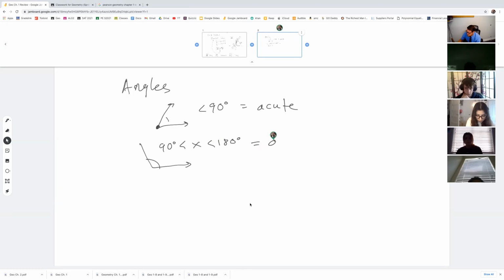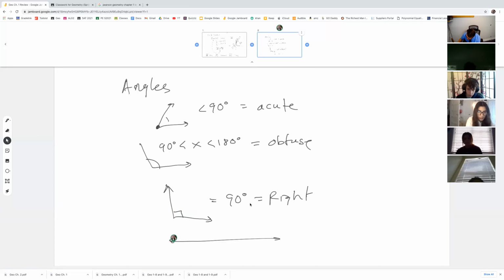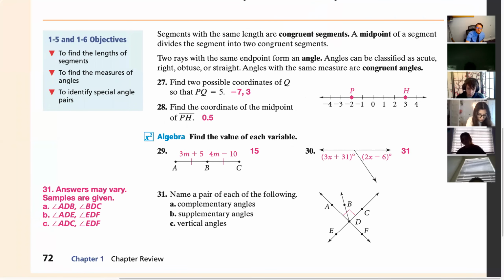This is called obtuse. When you see this, 90 degrees equals a right angle, and a straight angle. Okay, 4 different types of angles. Very important that you know all those.